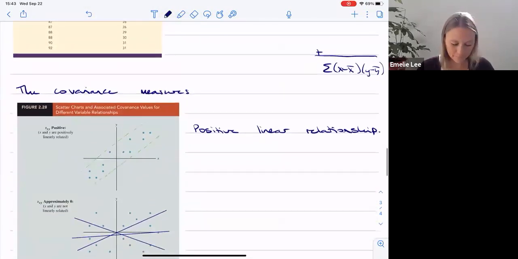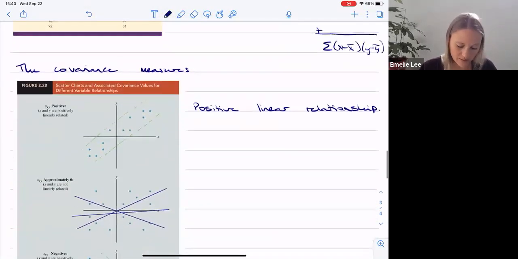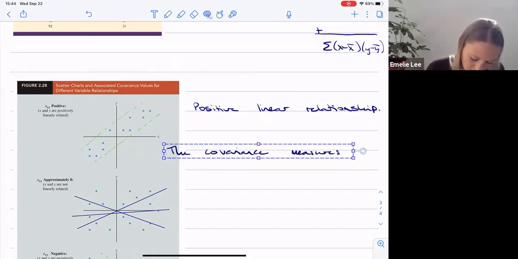Okay. So the basic way to think about it is that the covariance measures how closely the points follow some path. Okay, so here I'll write that here.